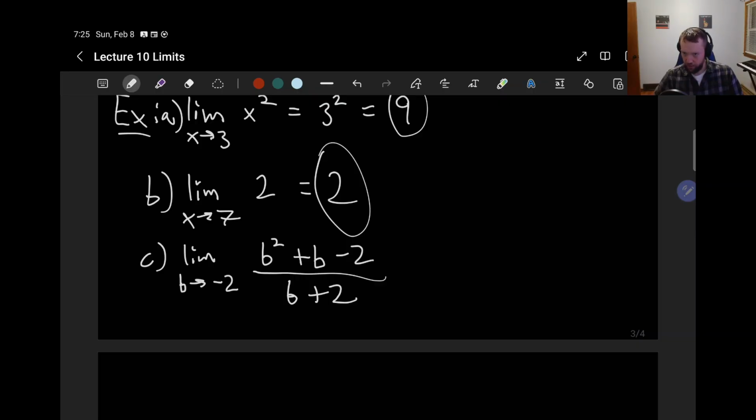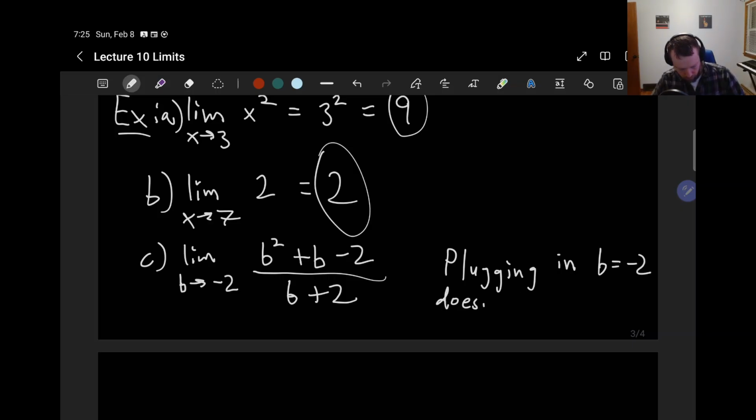It turns out you get 0 over 0, which is called an indeterminate form. Basically, there's nothing you can do with it. So this does not work. You'll find that you get a 0 over 0 form, which is not something that you can work with.